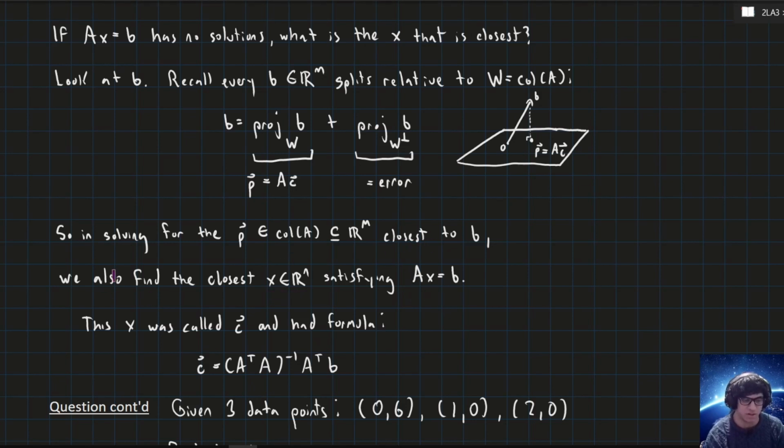Remember we called that x the c vector, and we mentioned what the formula was for that c vector. And it was this.